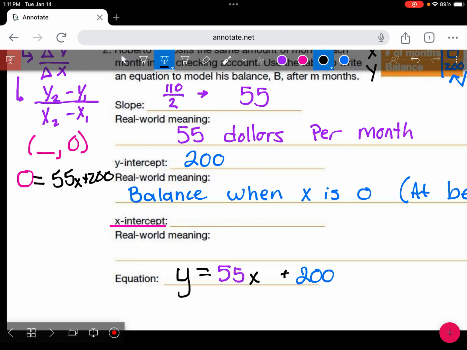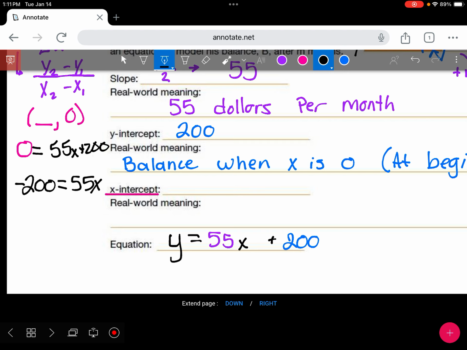What are we going to do first? Subtract 200. Minus 200 equals 55x. Then what? Divide by 55.